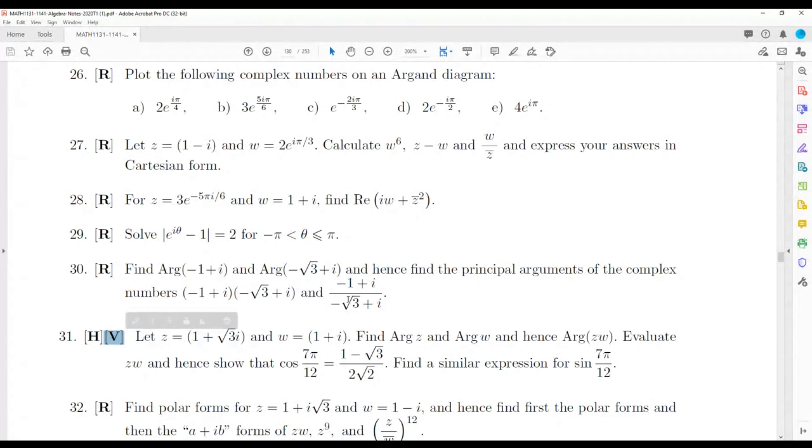Yep, there it is. Oh, yeah, conjugate. There you go.